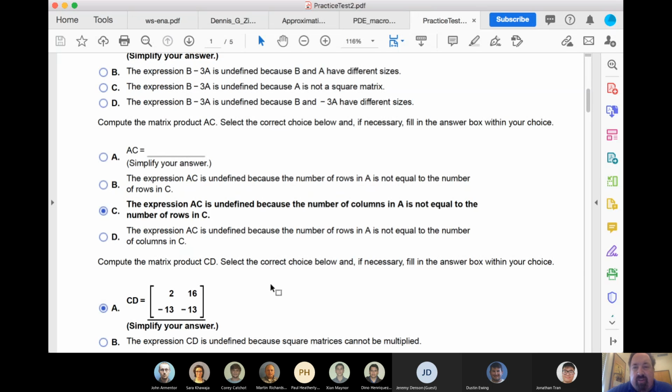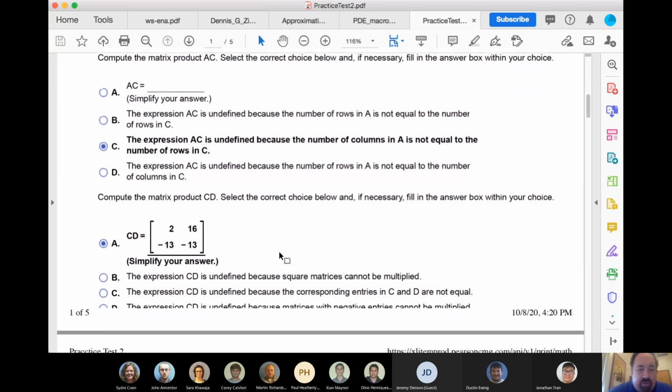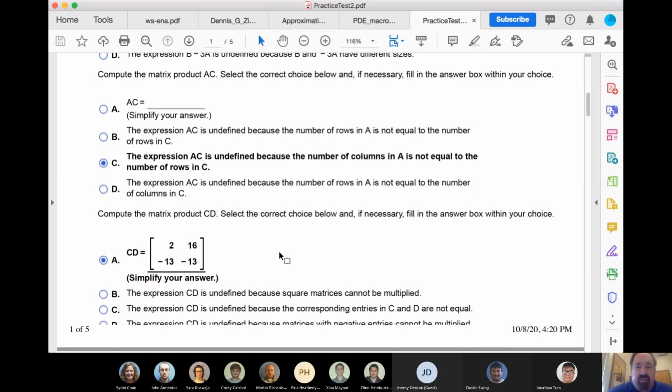It can be thought of as a dot product of row I of the first matrix with column J of the second. That's why they have to have the same number of entries to be able to carry out that operation. All right, so this first problem is all about just the basics of matrix arithmetic.